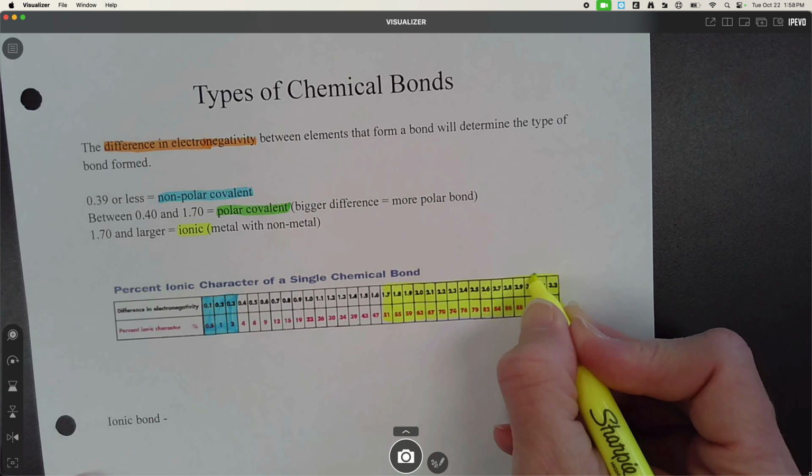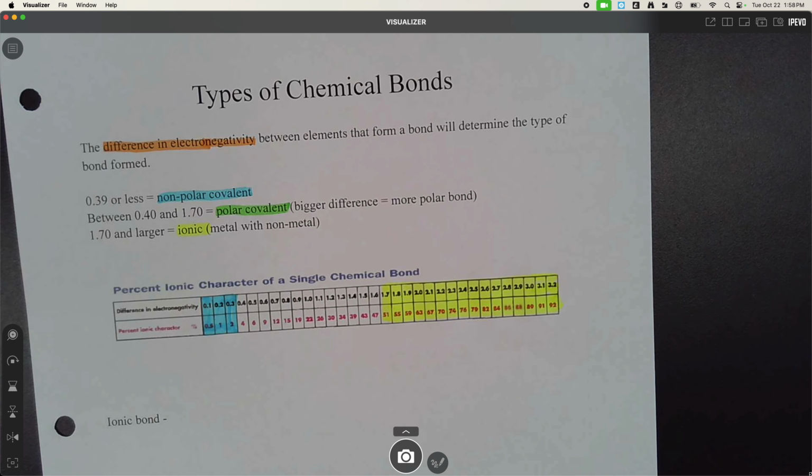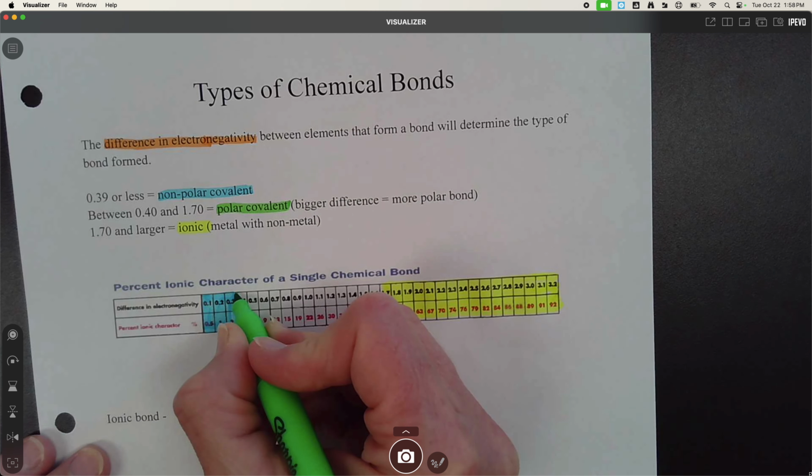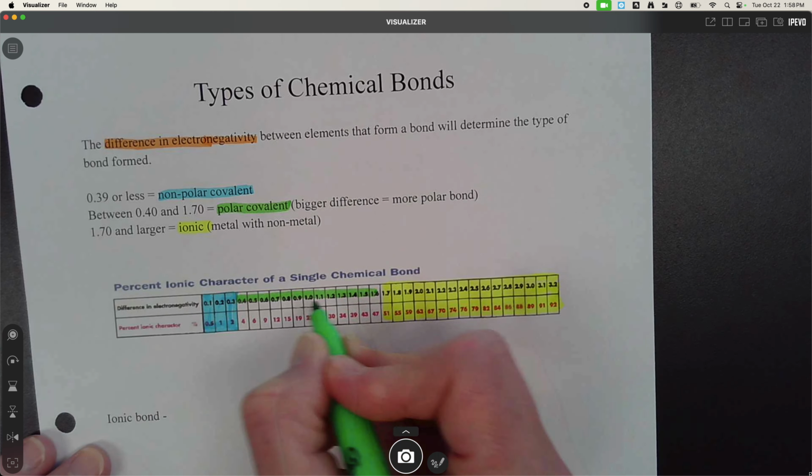But in between our perfectly covalent bond and our ionic bond is something that has some characteristics of both. It's got some characteristics of sharing, but also some of transferring electrons, because the electrons aren't perfectly shared between the two. And that's this middle range right here.